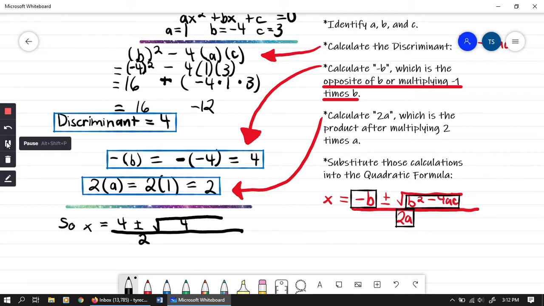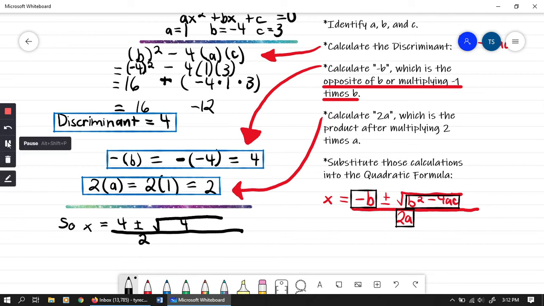In other cases, when we're simplifying this, we may need to write it in its simplest radical form. Or for instance, if it was going to be an imaginary number, we might have to write it in its imaginary form.